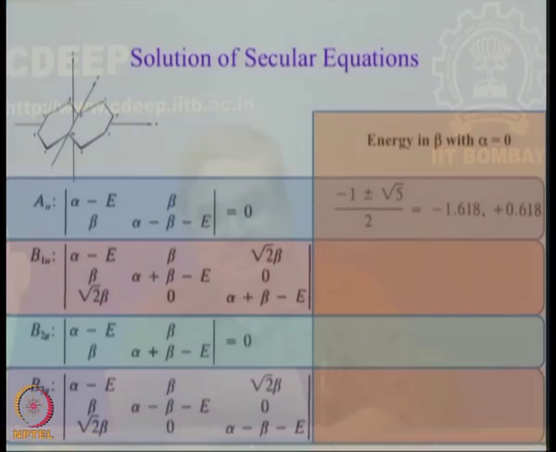What have we got? This simplifies as minus 1.618 and 0.618. Can you tell me which one of these is bonding and which one is anti-bonding?